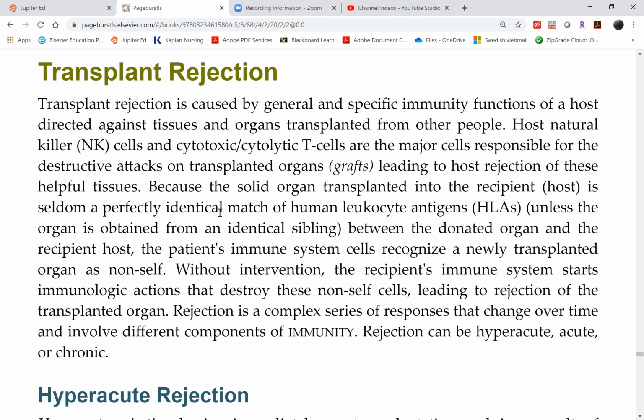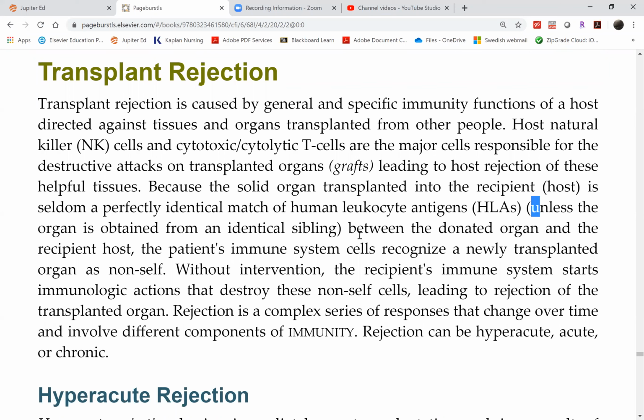So we have many solid organ transplants, but remember we have different HLAs, we have different protein identification. So therefore, during cross-matching, we will have to settle with close enough, because the only exact match is if you have an identical sibling.